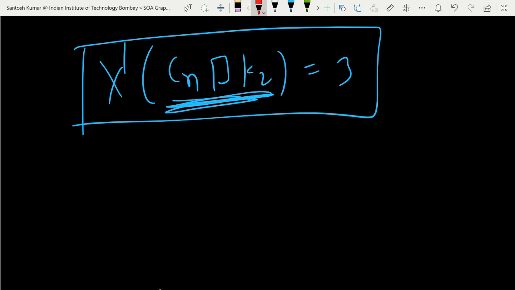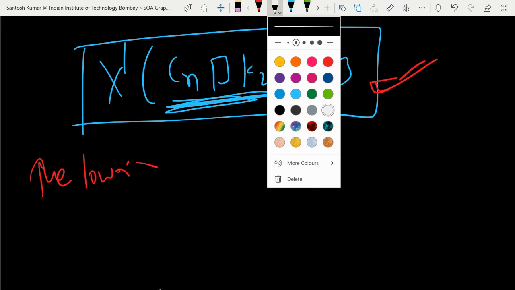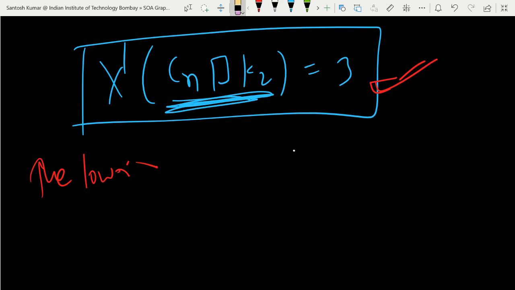So okay, let me write. So we get this result that Cn Cartesian product with K2 will have edge chromatic number 3. Now we have to justify it. Okay, so let's justify that.